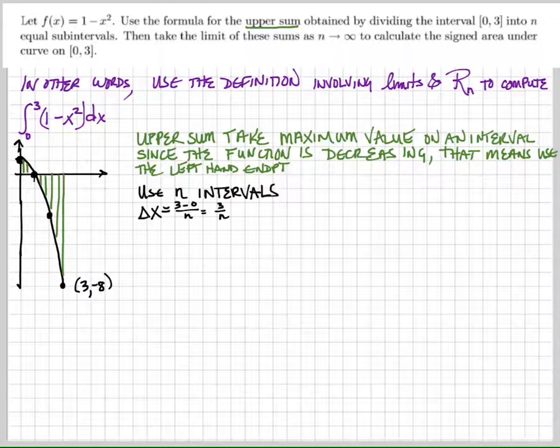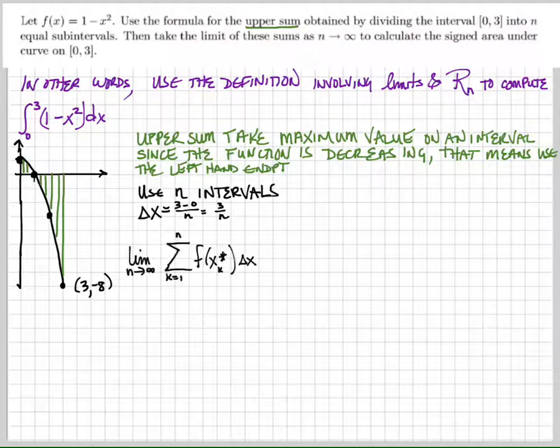So when we set up our Riemann sum, we know the length of the interval is 3, and we're breaking it into n subdivisions. So delta x is going to be 3 over n. And we want to take the limit as the number of subintervals goes to infinity of the Riemann sum Rn.